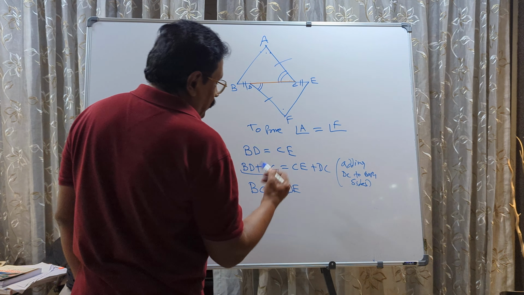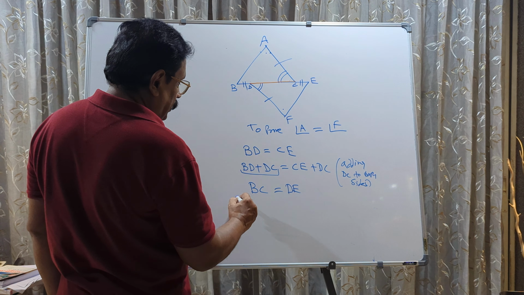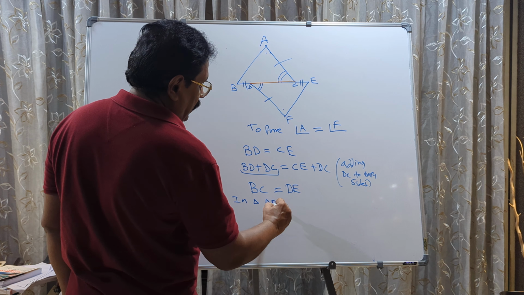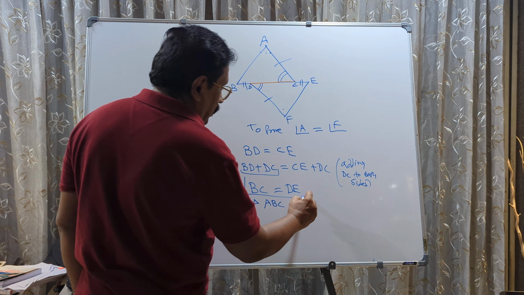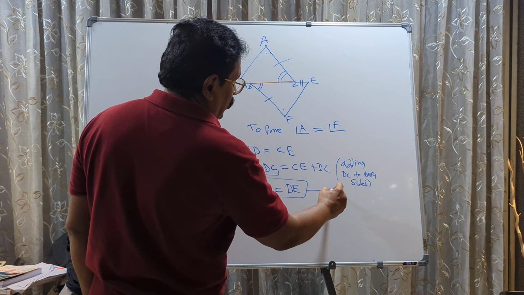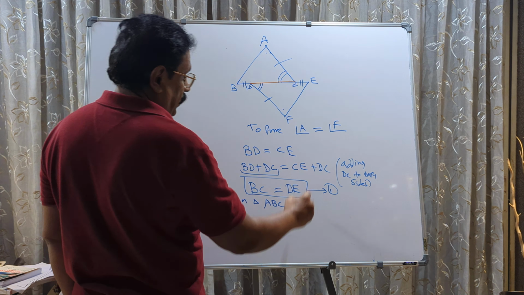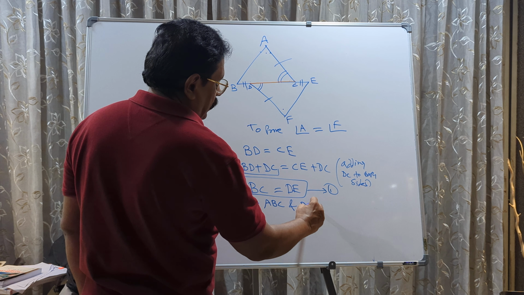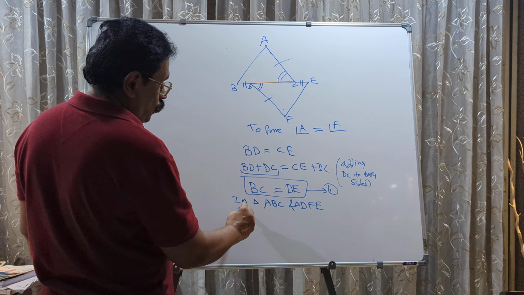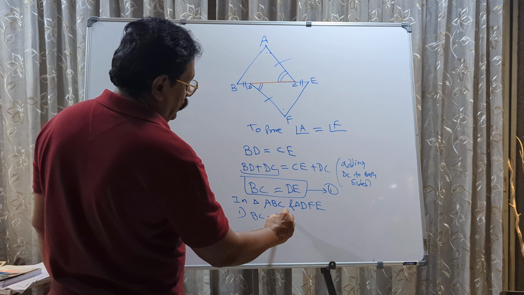Okay, so now BC is equal to DE, and in triangles ABC you have to mention the triangles. Okay, now you have only established this. Now take the triangle. In triangle ABC, this you can name it as 1. Okay, in triangle ABC and triangle DFE, we have 1, BC is equal to DE.